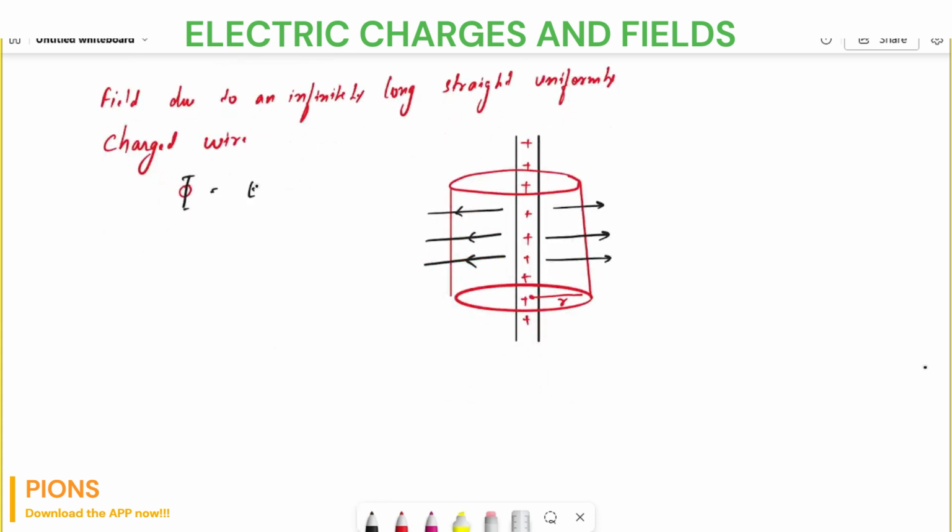E dot A. Any doubt in this part? Because we know this from the previous lecture, flux phi is E dot A, correct? Now, if we integrate, the area will give us the curved surface area of the cylinder. R is the radius, and let's assume that L is the length of the cylindrical Gaussian surface. So flux phi will be nothing but E into 2 pi RL. Any doubt in this part?